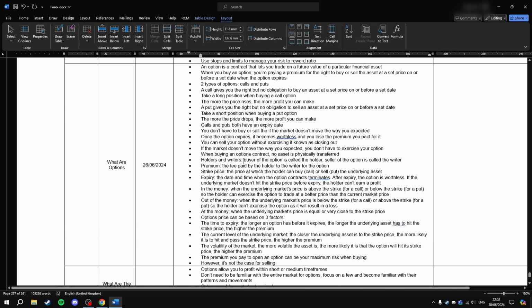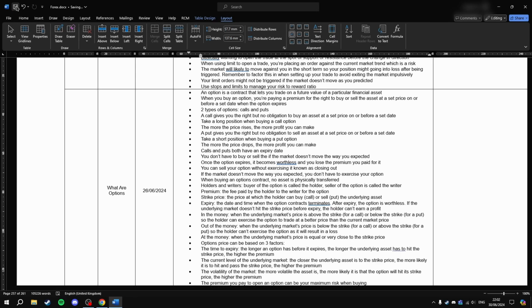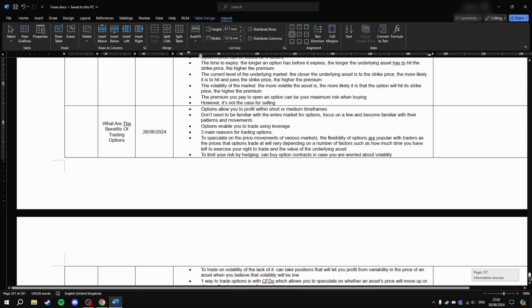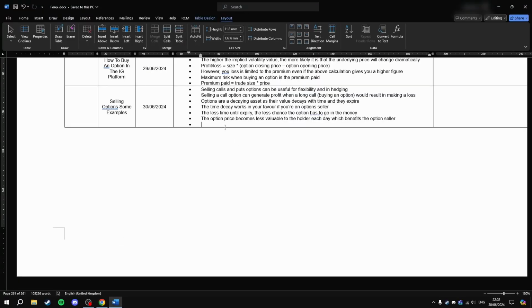A call gives you the right but no obligation to buy an asset. You take a long position when buying a call option, so you're hoping it's going to rise. So when you're short a call, you're selling the options contract in the hopes that the underlying asset price is going to rise.